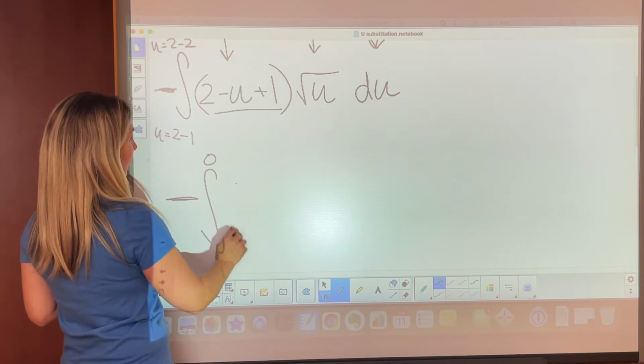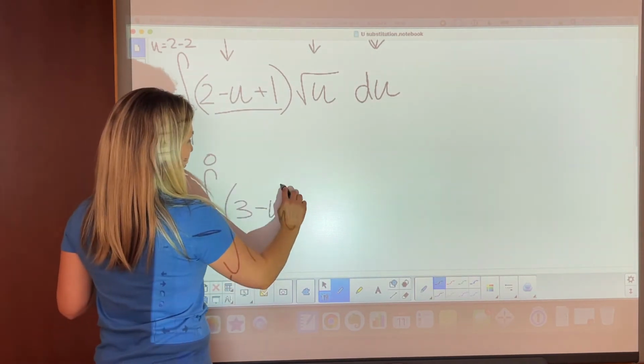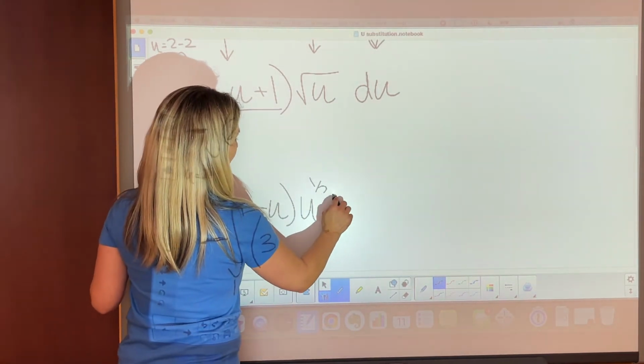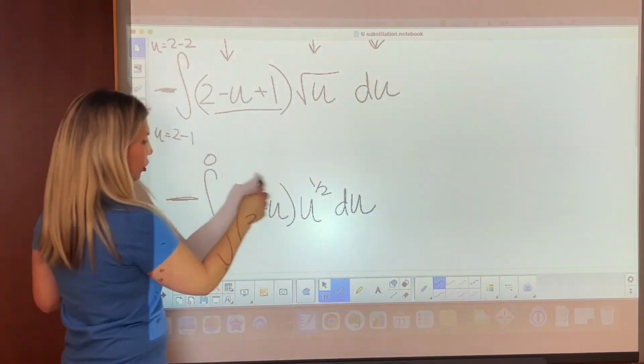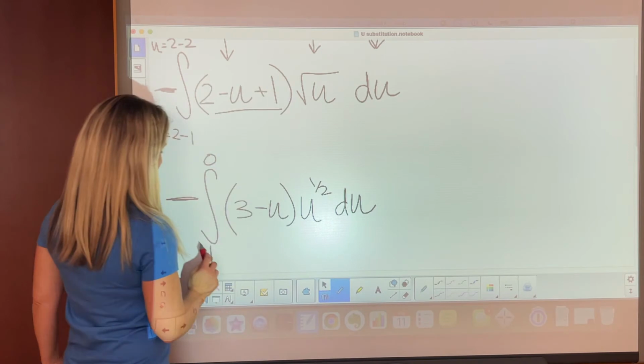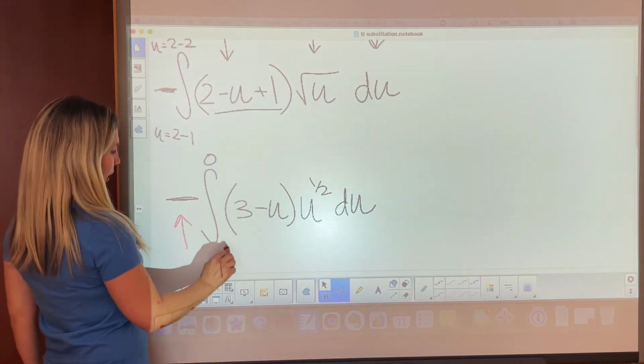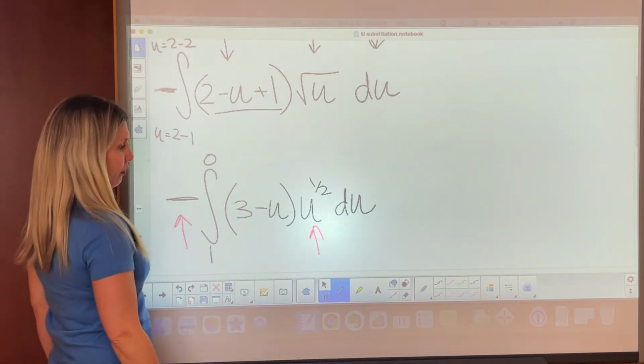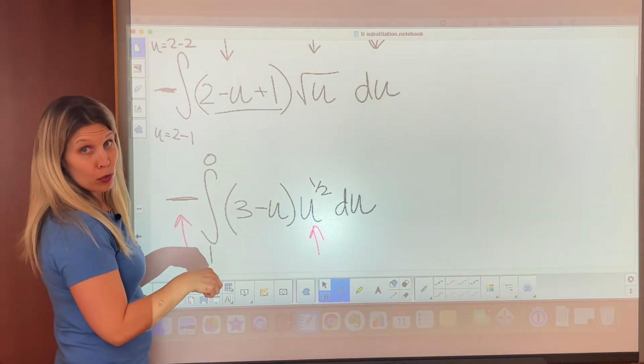Inside this parenthesis, we'll have 3 minus u, and I'm going to rewrite u to the 1/2 to make it easier to distribute through. So in my next step, I'm going to take the negative sign, and I'm going to take u to the 1/2, and I'm going to distribute them through together.